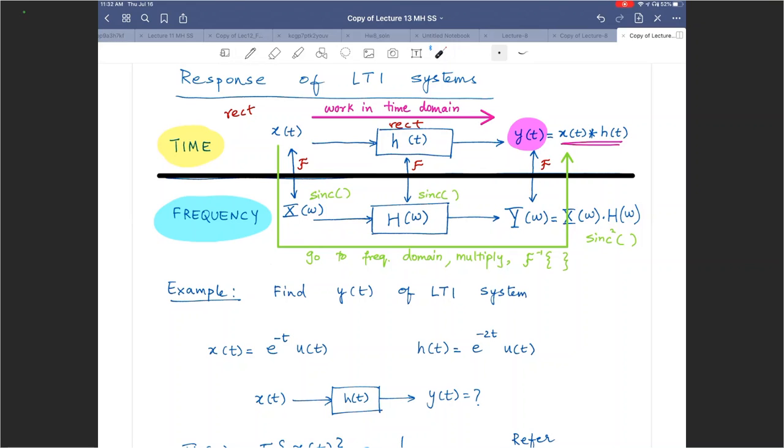So in this particular case with rectangles, working in the time domain might be the best, a convenient choice. But in some other cases, finding the Fourier transform once, the second time, multiplying, and then taking the inverse Fourier transform might work out better.